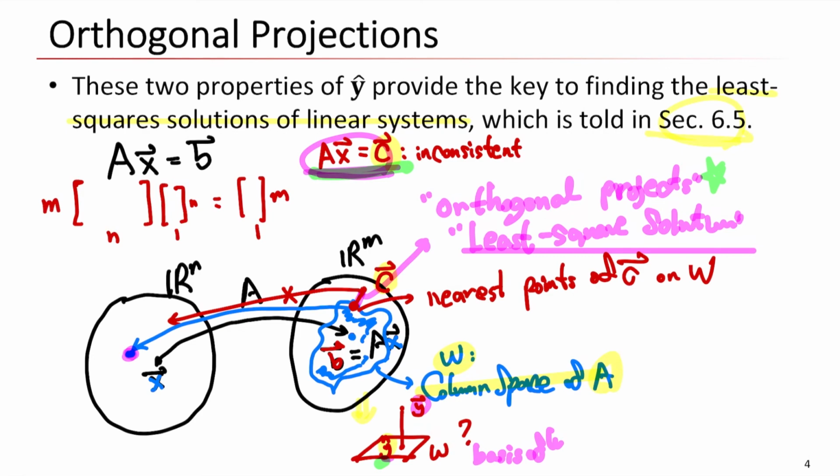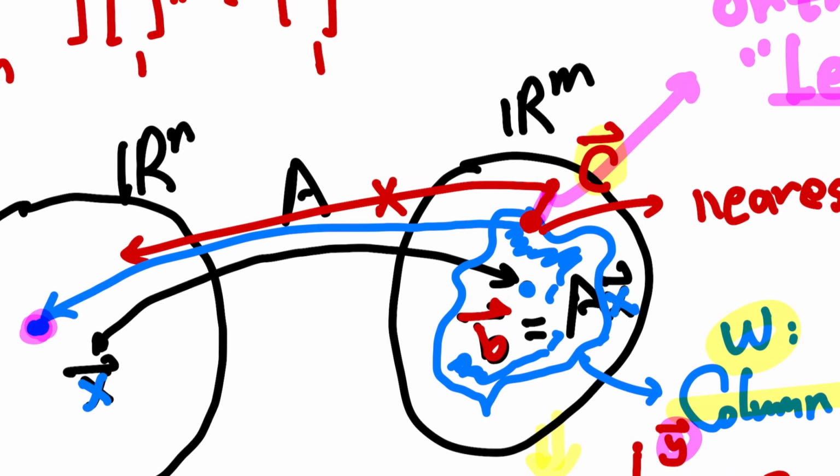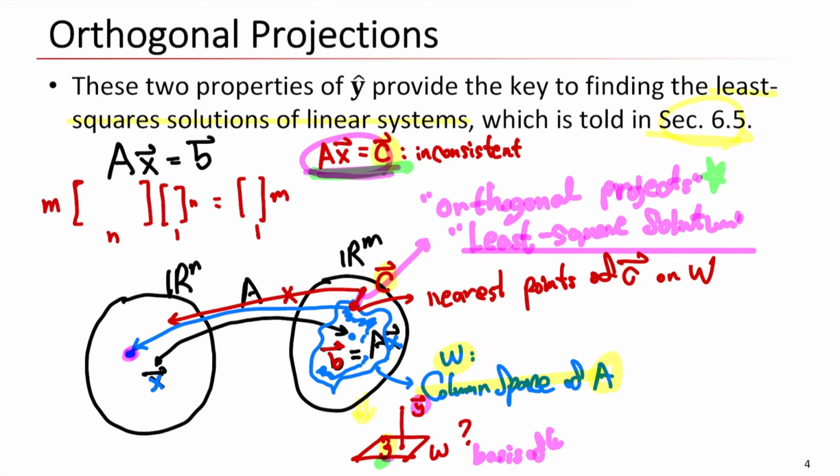Then this point, b hat, will be the nearest point on the column space. Okay, so it means that by using this point, we can find the approximated solution of Ax equals b. Okay, so this is the end of the presentation.